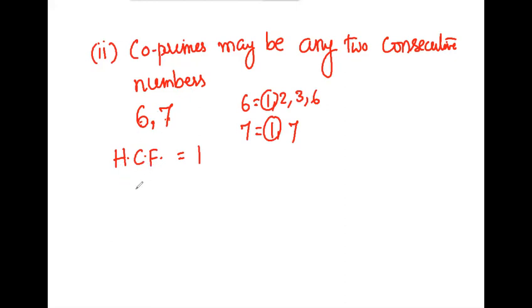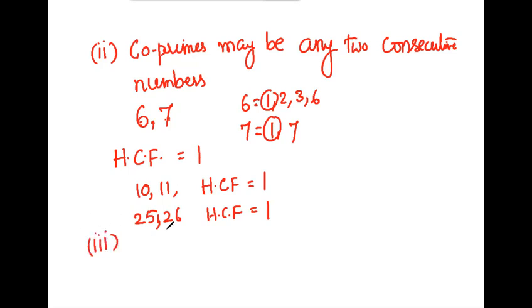If you take any two consecutive numbers, 10 and 11, the HCF is 1; 25 and 26, the HCF is also 1. So in this way, we can write the HCF of any two consecutive numbers as 1 without doing any division. The third case: two composite numbers also sometimes have HCF 1. For example, 8 and 15.